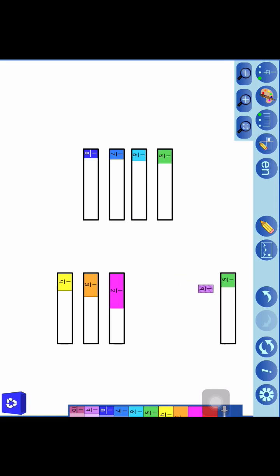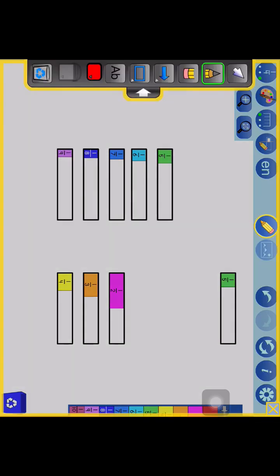The last one, 1 over 9. The violet area is smaller than the green area, so 1 over 9 is smaller than 1 over 5. So we know that the fractions greater than 1 over 5 include 1 over 2, 1 over 3, and 1 over 4.